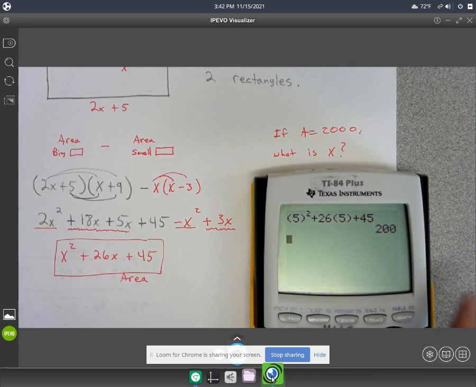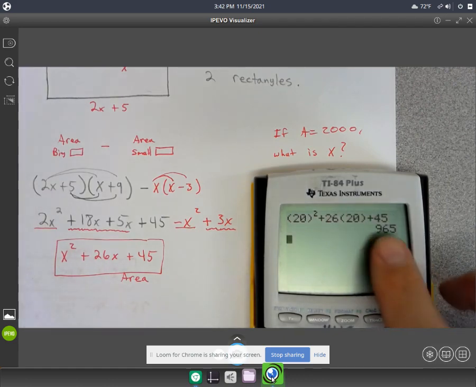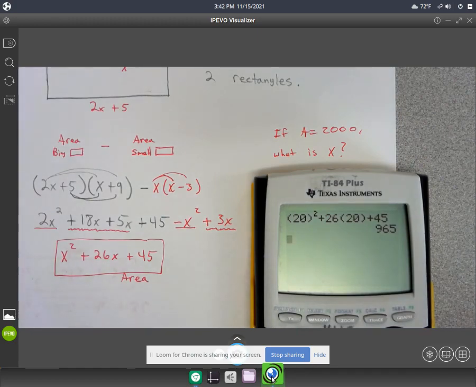What I'm going to do is start checking some random values for x here. I'm going to start with, say, 20. 20 squared plus 26 times 20 plus 45. And I got 965, which is about half of what I wanted.